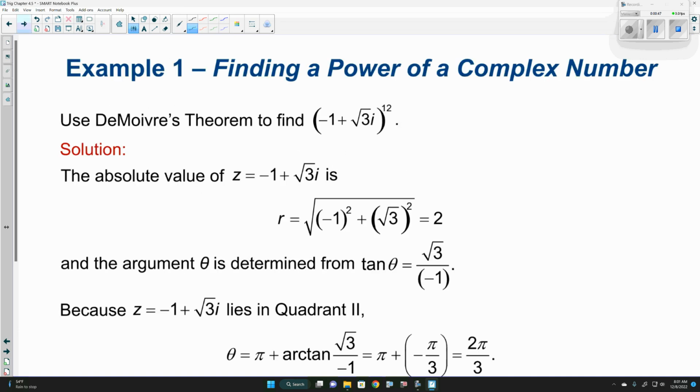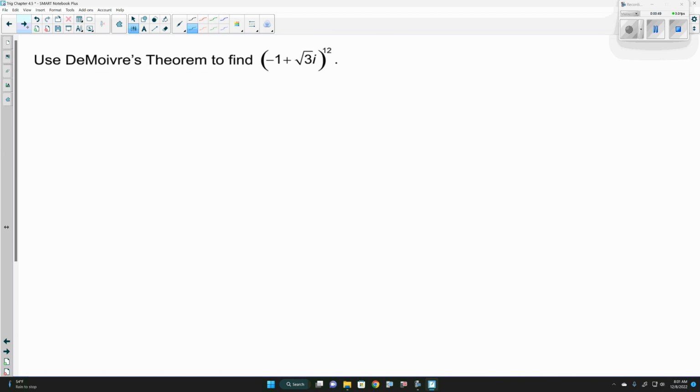So, something like our first problem here, doing this by hand would take quite a while, because trying to multiply -1 plus the square root of 3i by itself 12 times would take forever.